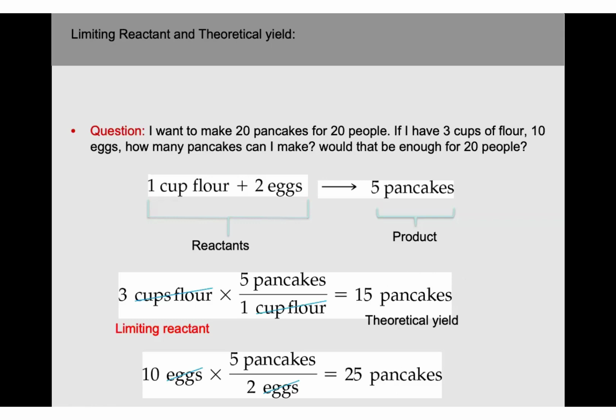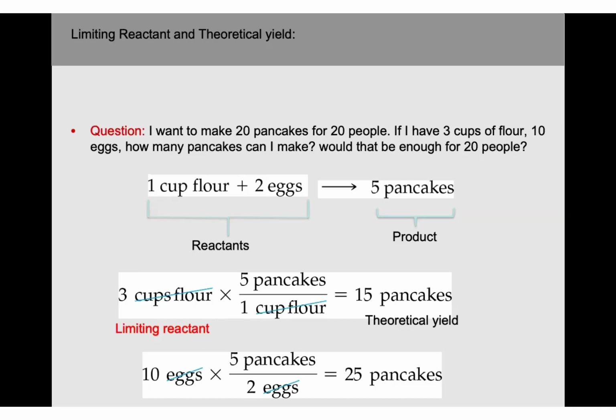So basically, with these 3 cups of flour, I cannot make 20, and I should rush out and buy more flour. But in this coronavirus situation, I guess it's better not to invite people to my home for now.